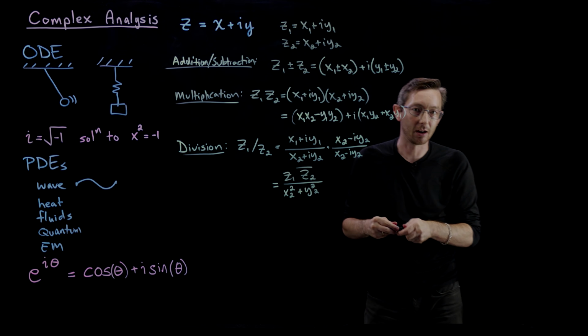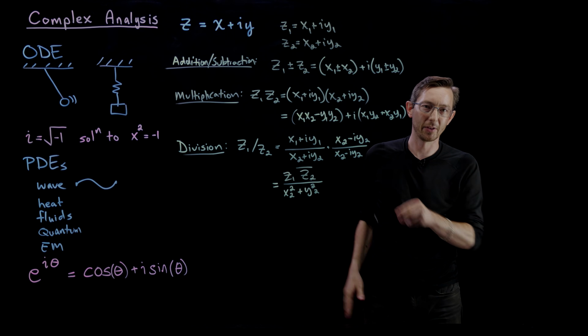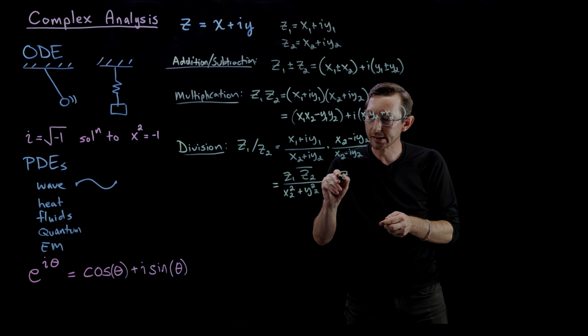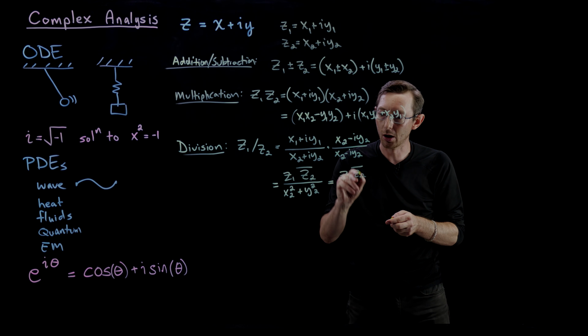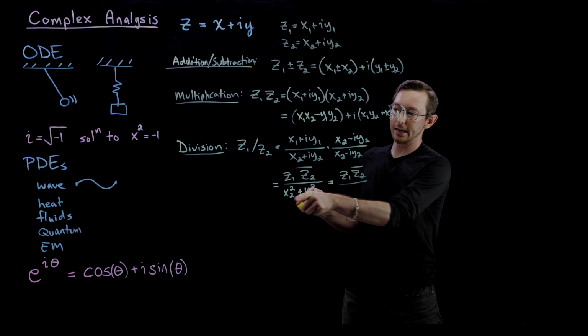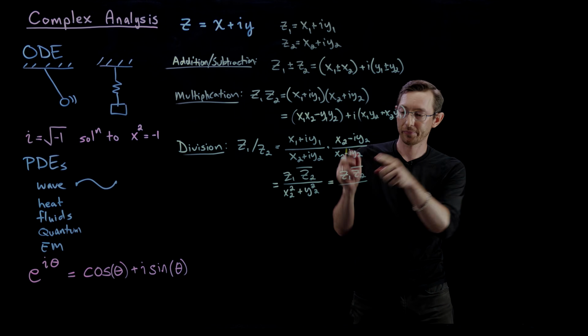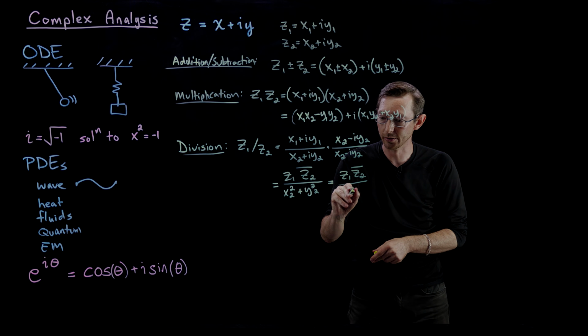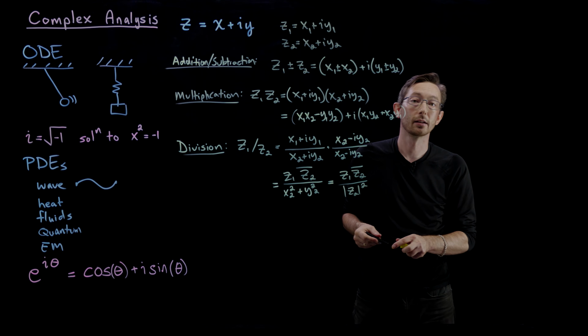And we define complex conjugate by this overbar. I'll write this down in a minute just so that you know what that means. And so this is z1 z2 bar over this quantity here, which is kind of the length or the size of z2, the norm of z2 squared.